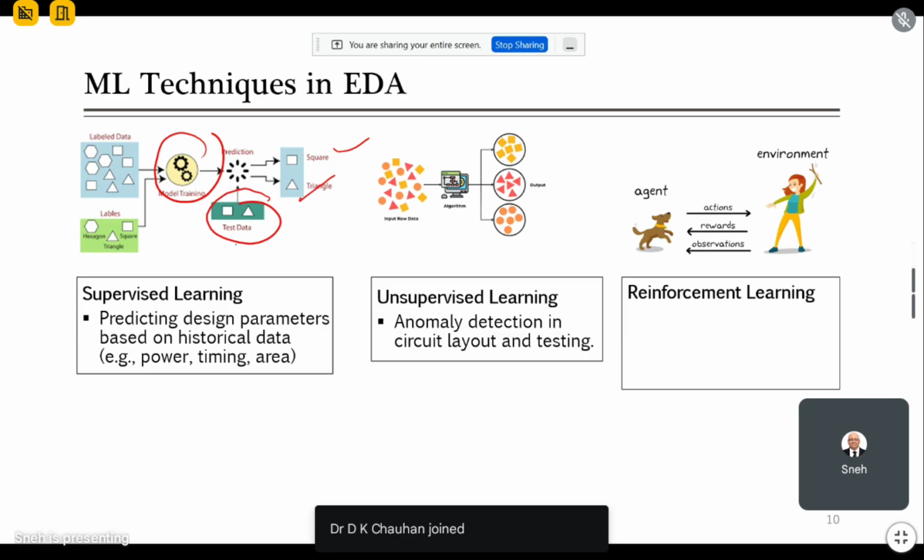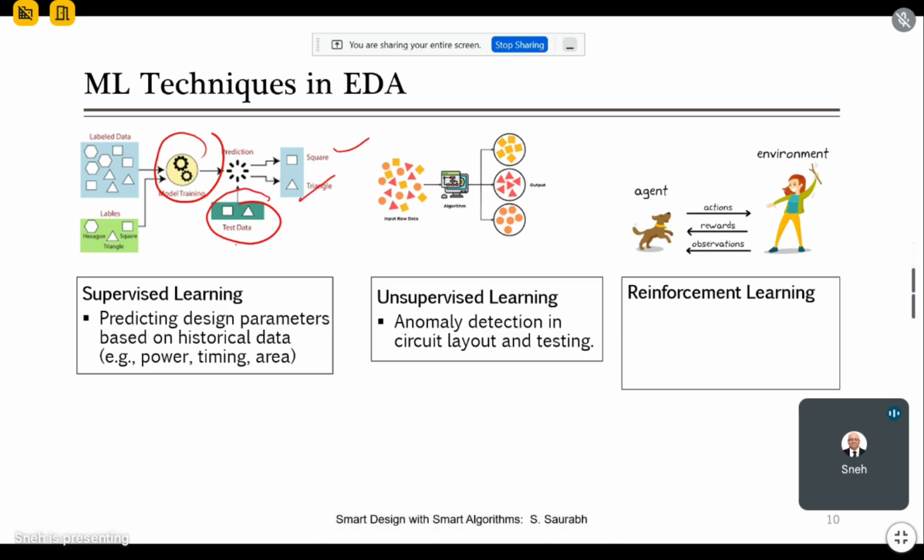So this can be used in EDA tool flows, for application in iterative design processes such as placement and routing optimization. These are some of the techniques that we use in EDA tools.